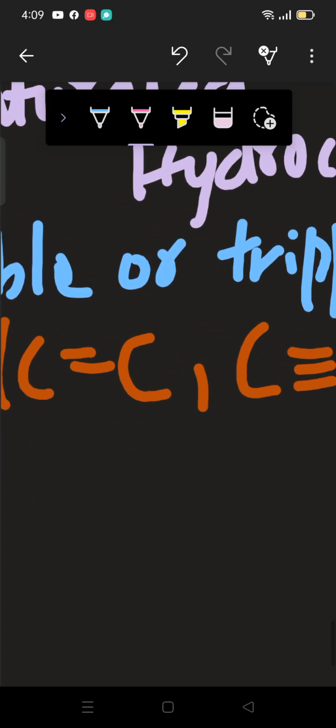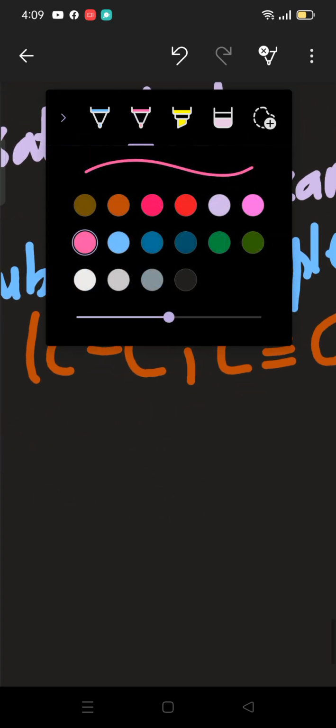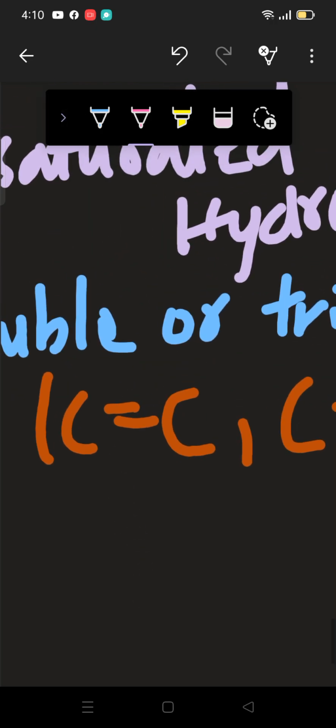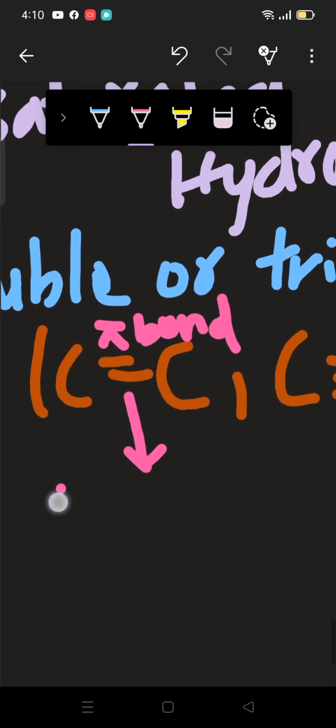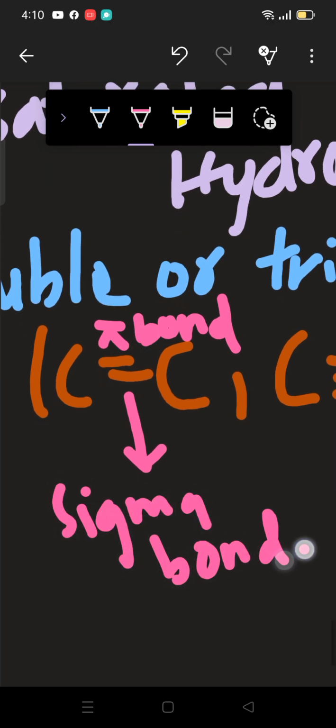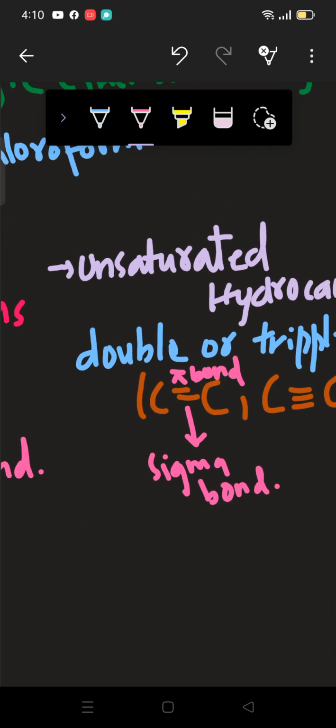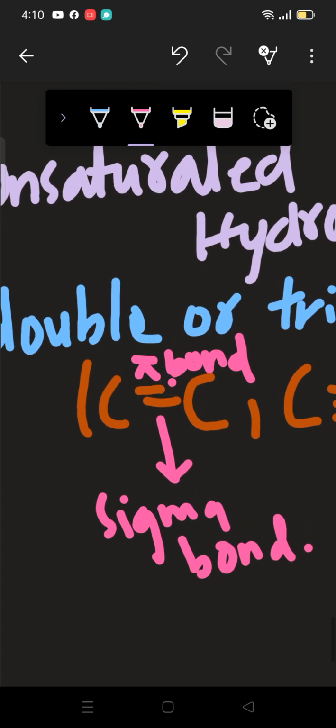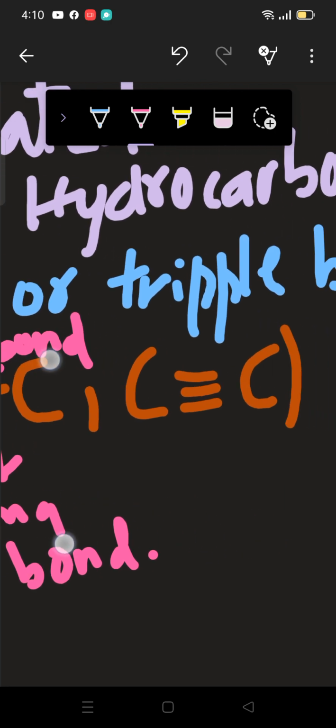But here, as you can see, we have 2 or 3 bonds. This first one is what we call the pi bond, and here another one we have sigma bond. This sigma bond is not easy to be broken down, but this pi bond is very easy to be broken down. So this pi bond would be broken down, and any other compound or chemical will come and react with the unsaturated compound.